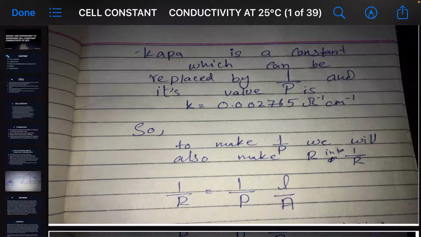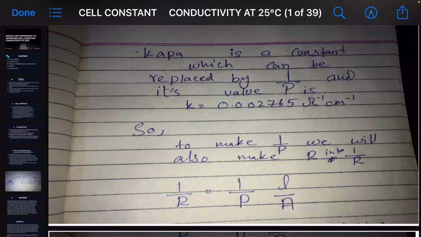The resistance is 40 ohm, and kappa is the constant which can be replaced by 1 over rho, and its value is kappa equal to 0.02765 ohm per centimeter. So kappa is the constant that is used in cell constants.